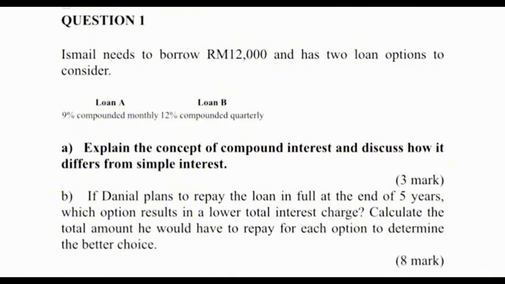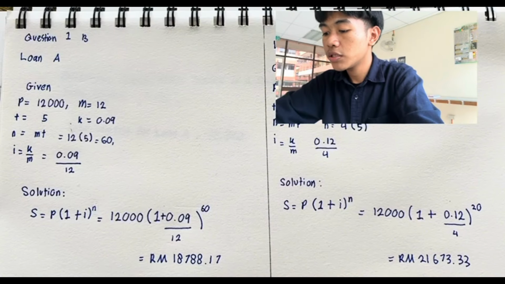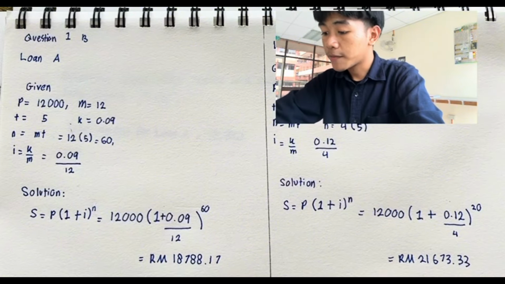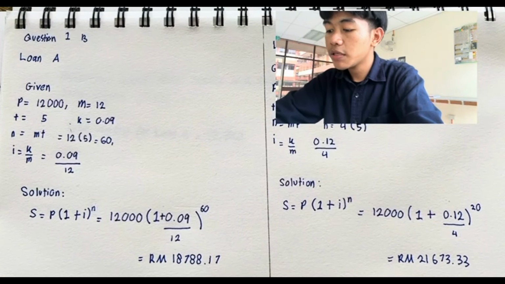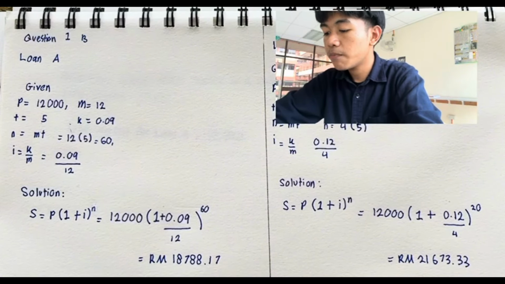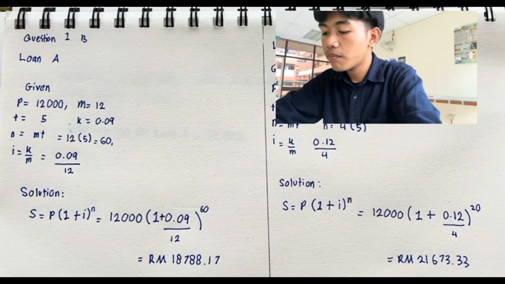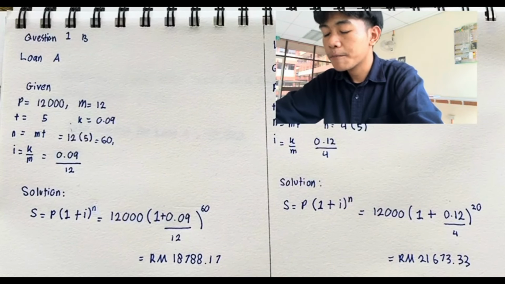So I'm going to explain how we calculate the total amount for loan A and loan B using the compound interest formula. You use the formula S equal to P(1 + i)^n, where P is the principal, i is the interest per period, and n is the total number of compounding periods.